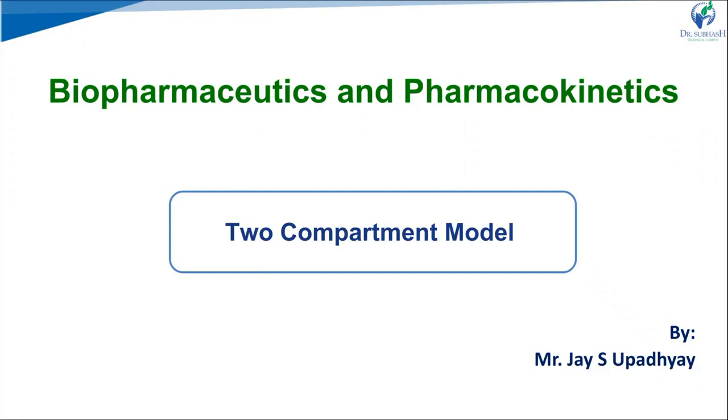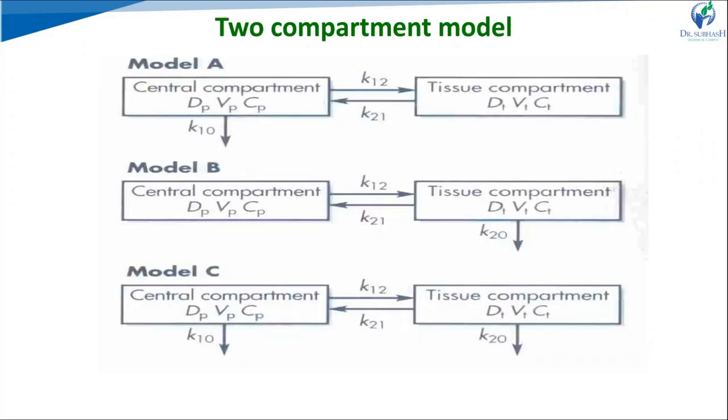Multi-compartment models are best characterized and understood by applying IV bolus administration and observing or monitoring the manner in which the plasma concentration declines with time. In the two compartment model, three possibilities are there. In the first, the drug reaches the central compartment after absorption, then distributes to the peripheral compartment, and is eliminated only from the central compartment.